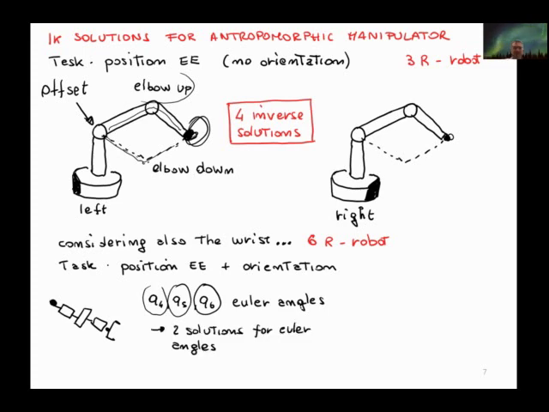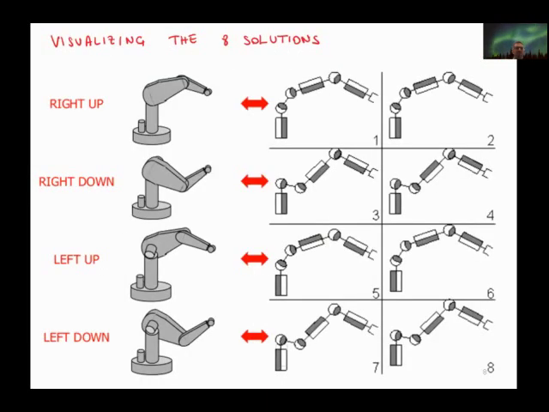And we know that for Euler angles, we have 2 solutions to represent the same orientation. Therefore, in total, combining the 4 inverse kinematic solutions in the previous case, we multiply by 2, and we get 8 solutions.